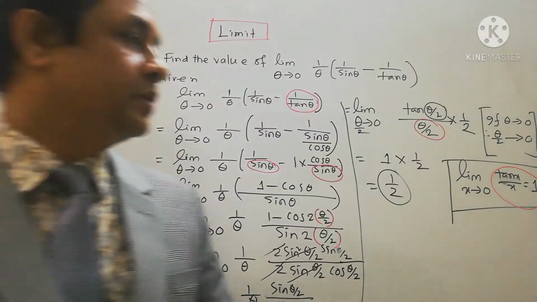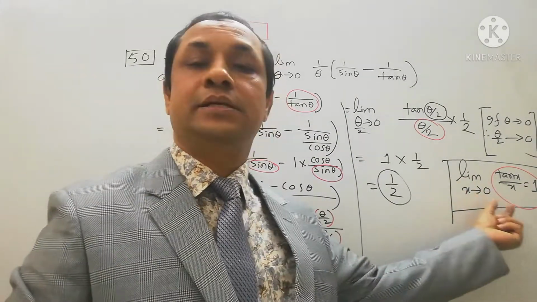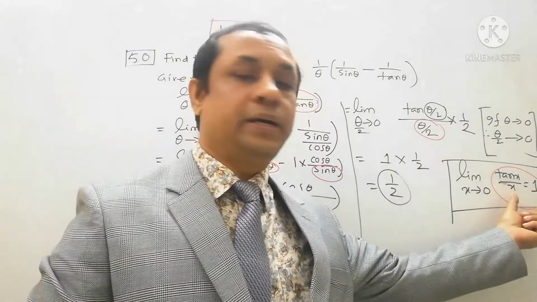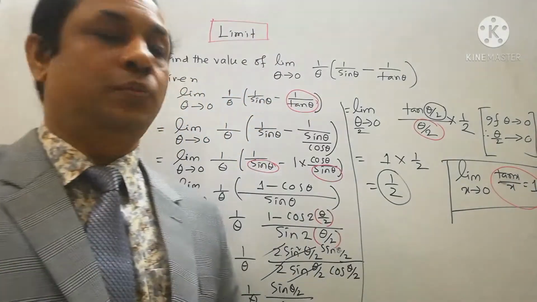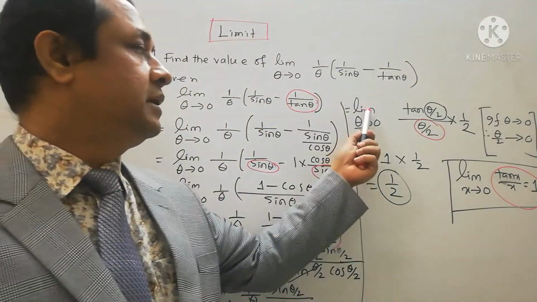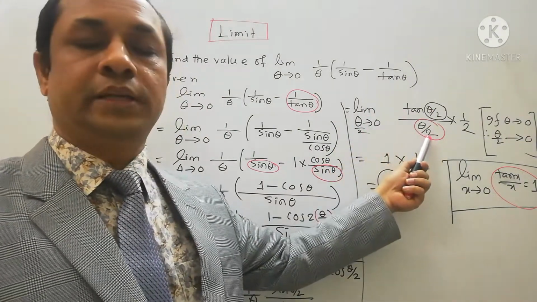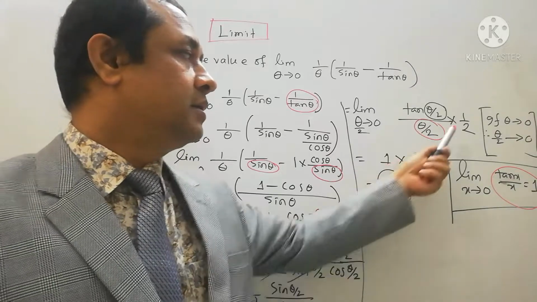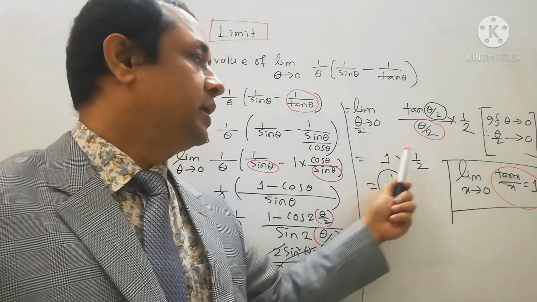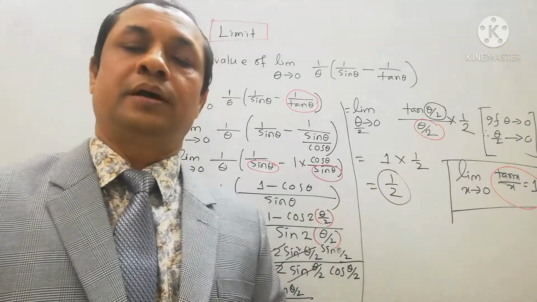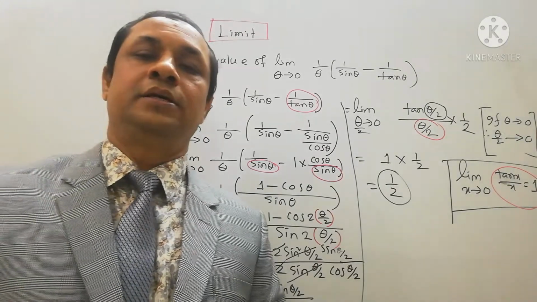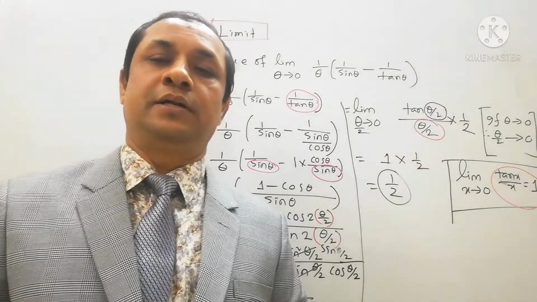So student, memorize it. Limit x tends to 0, tan x by x equals 1. So we have limit theta by 2 tends to 0, tan theta by 2 by theta by 2 equals 1, and half. So 1 into half equals half. I hope that student you are clear.